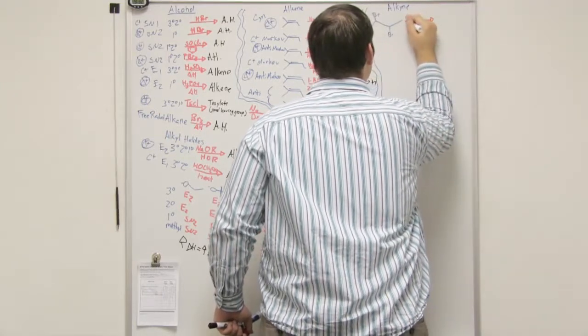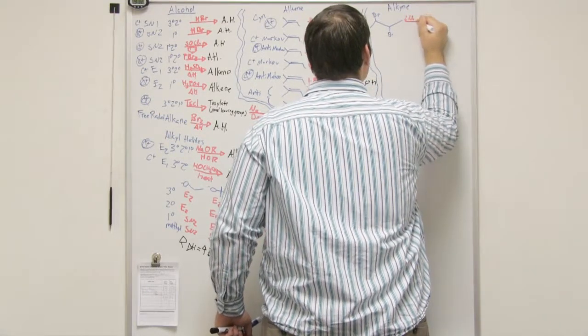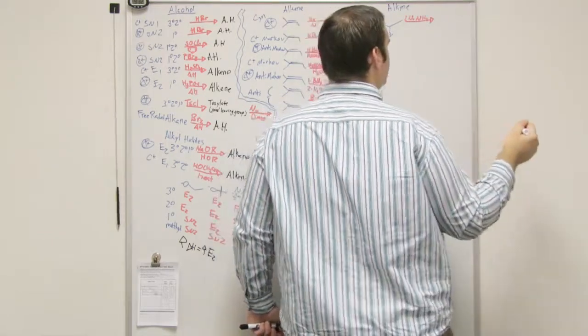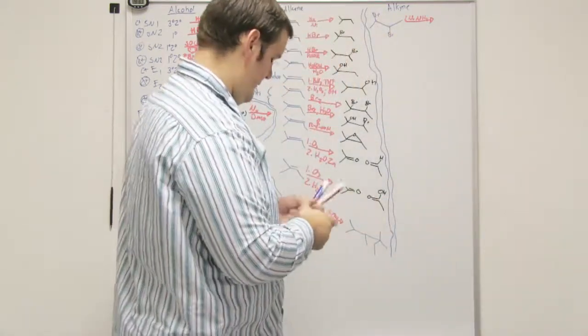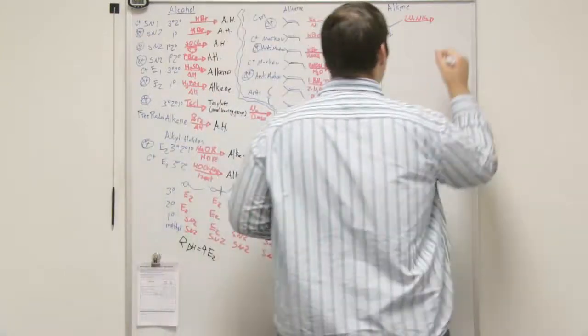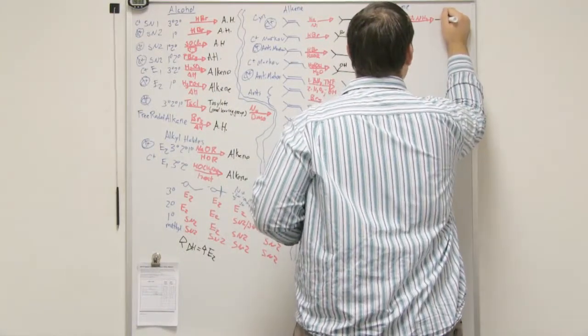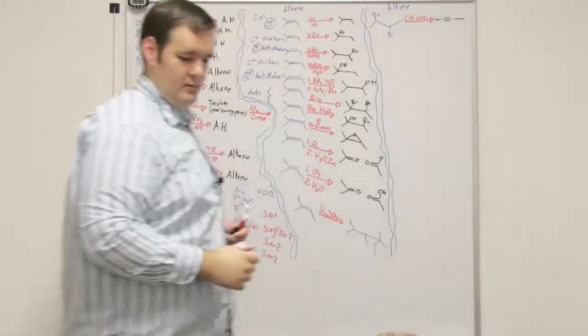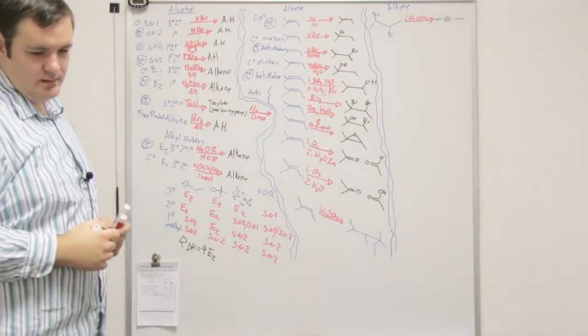If we add 2 moles of NaNH2, that's all we need to add, right? Then we'll get our triple bond. Correct. Yeah, that sounds right.